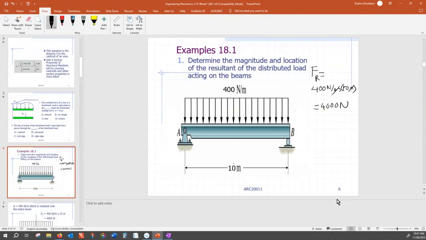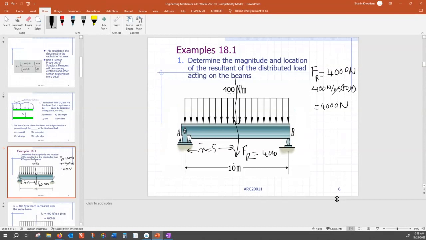That makes sense, doesn't it? So 4,000 Newton, where should I place it? Right in the middle, because the load is uniform, right? I know the centroid of that rectangle is at 5 meters. So x bar is equal to 5, and Fr is equal to 4,000. That was simple. Next question, what are the reactions?